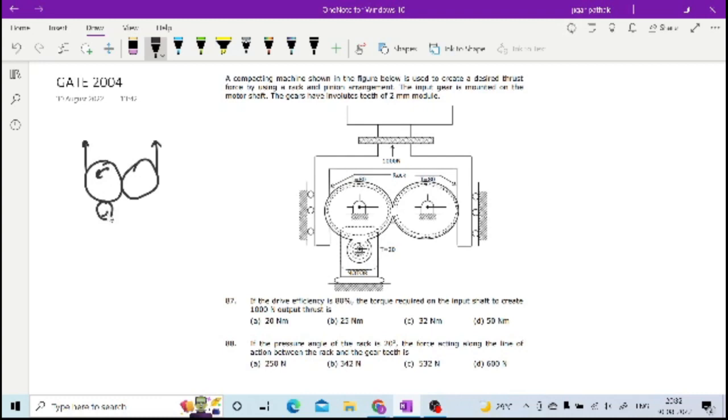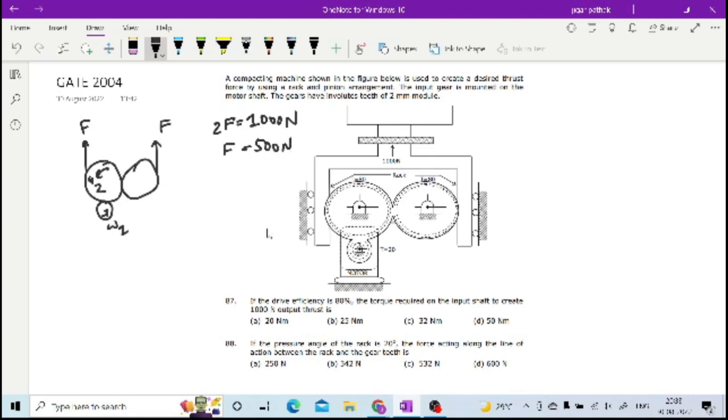Here you have omega 1 and omega 2, and through this you have to generate the force of 1000 Newton. So the very first thing is here you will have 2F is equal to 1000 Newton. So F is equal to 500 Newton.